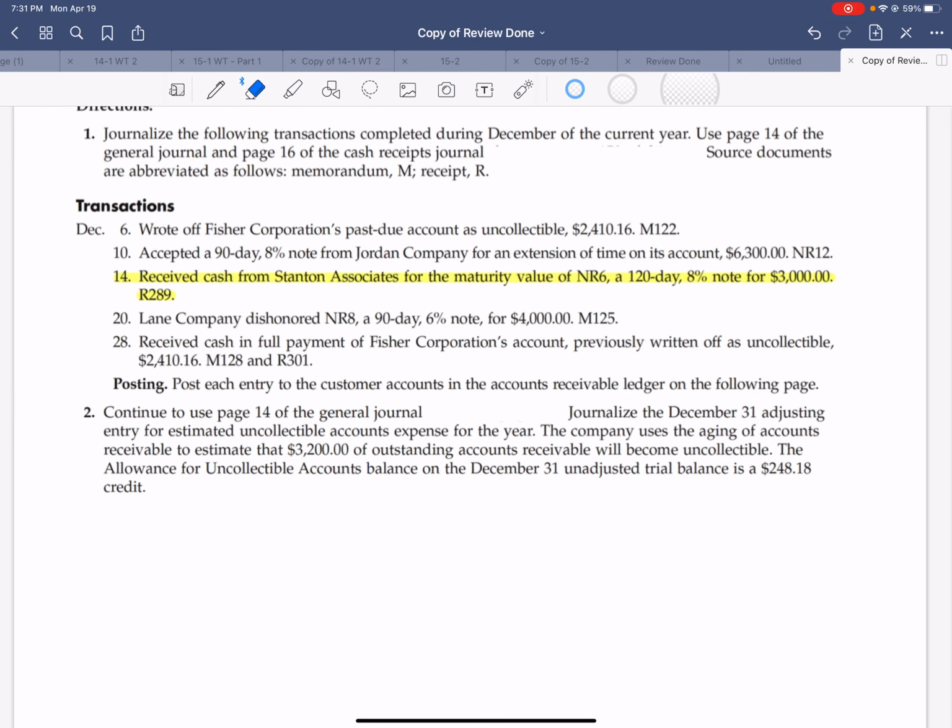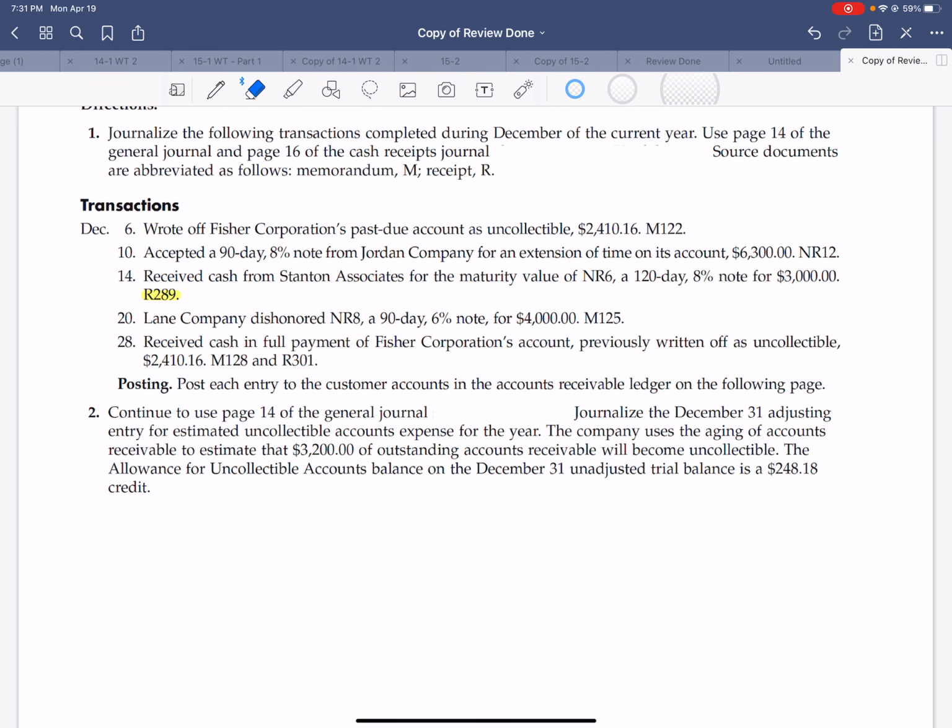Okay, our next transaction, Lane Company dishonored note receivable 8, a 90-day 6% note for $4,000. And it's written on M125. So again, fill this out, pause it. When you are done, check my answers.